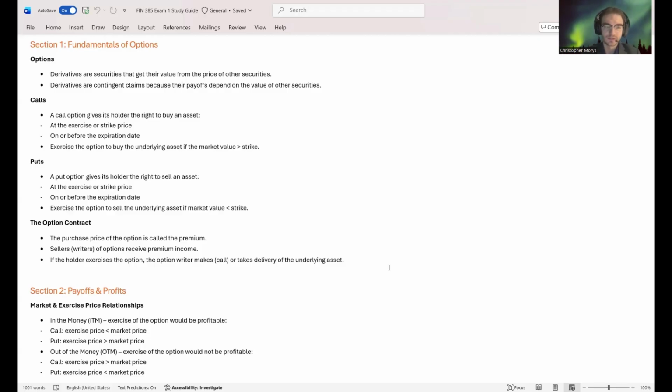And if the holder exercises the option, the holder being the buyer in this case, right, the option writer makes delivery of the underlying asset, meaning that the option writer has an obligation to the buyer if the buyer decides to use his right to exercise his option.